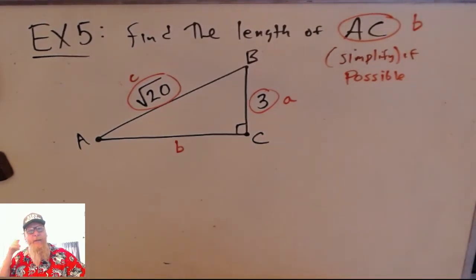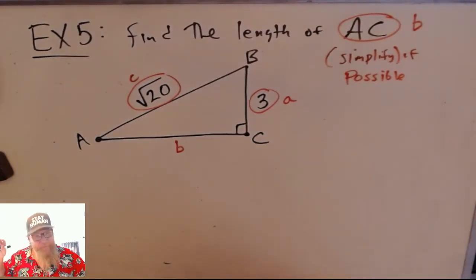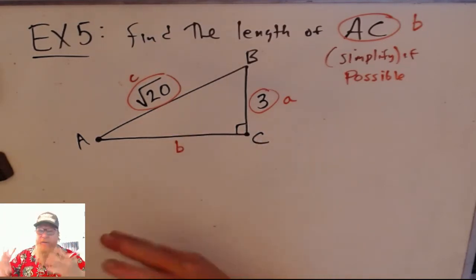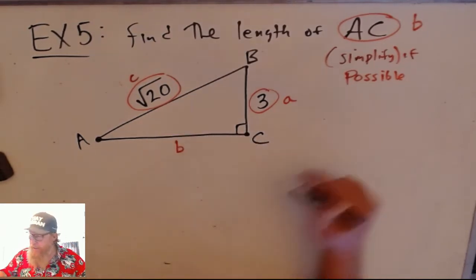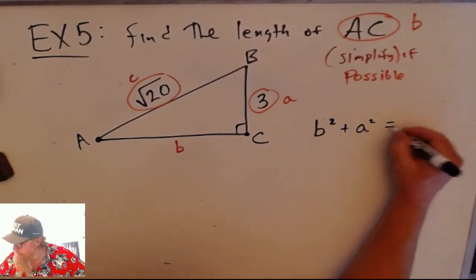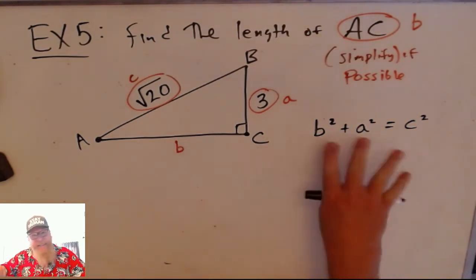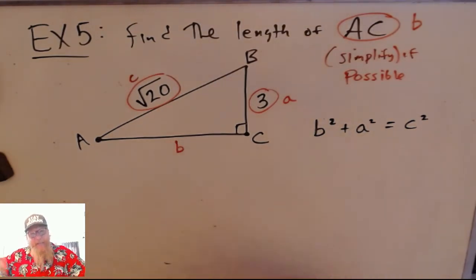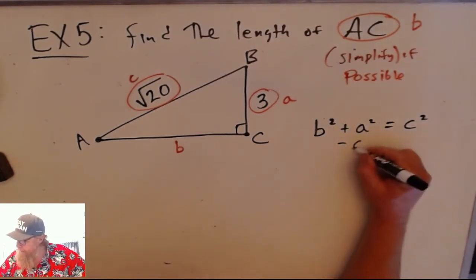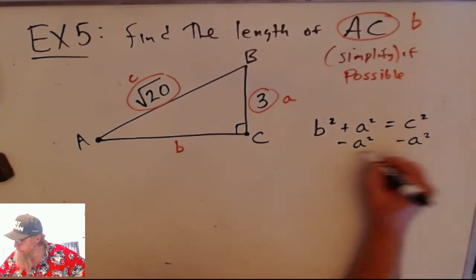Now again, there's the Pythagorean Theorem, but there are all these different formulations of it. We're looking for b, so I'm going to go with b squared plus a squared equals c squared. It means the same thing. It reads nicer because we're trying to find b. Then you want to get b by itself, so we're going to put a over there.